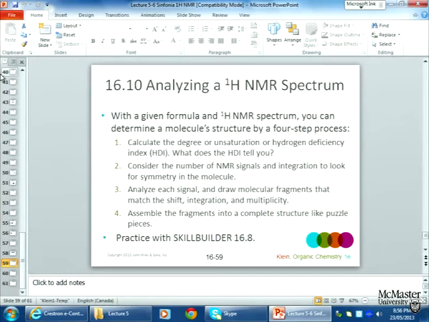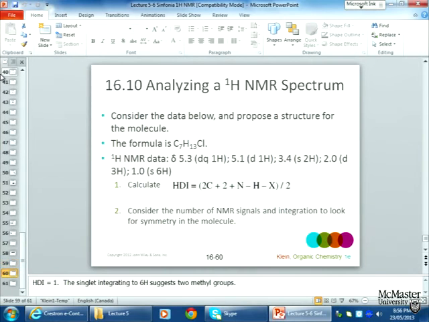And work your way down the chain. Start at the end, work your way down the chain. The methyls connected to the methylene, the methylenes connected to the methine, and so on. And have fun solving these structures.